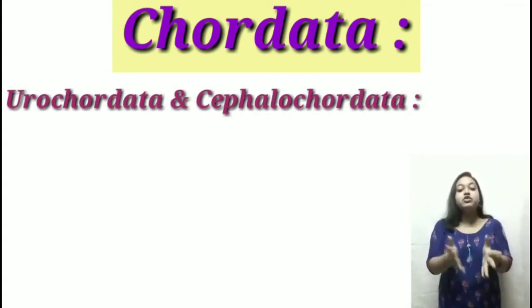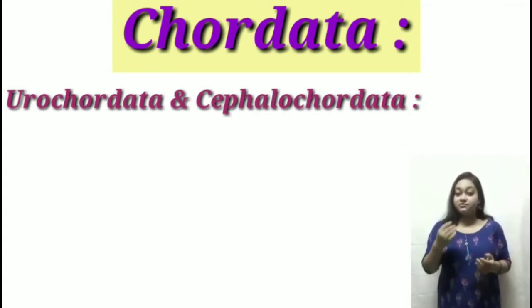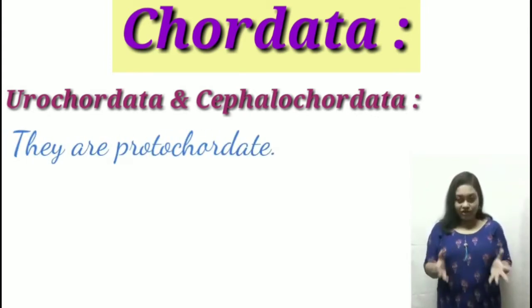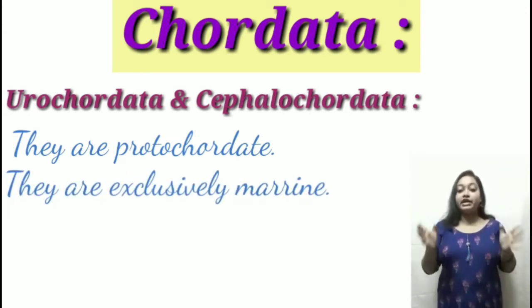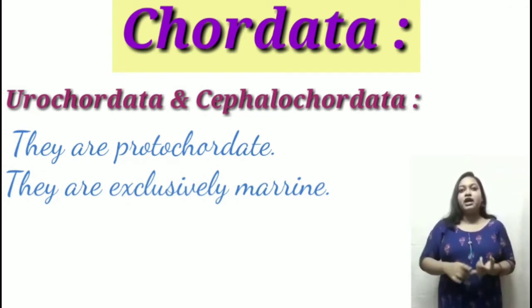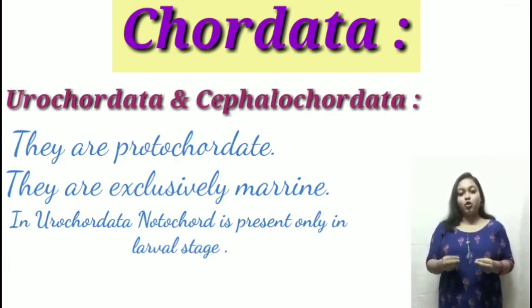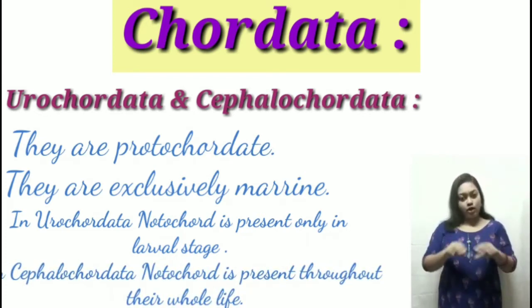So now we talk about subphyla Urochordata and Cephalochordata. The first point is they are protochordates. Both Cephalochordata and Urochordata are exclusively marine. In Urochordata the notochord is present only in the larval life, and in Cephalochordata the notochord is present throughout the lifespan.